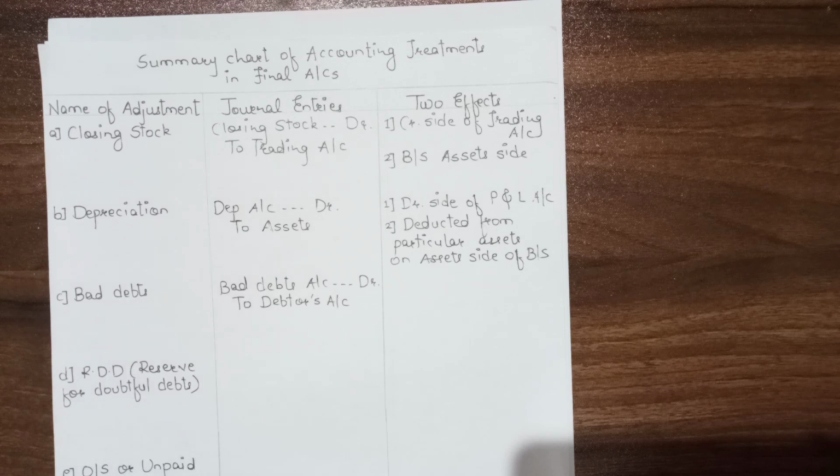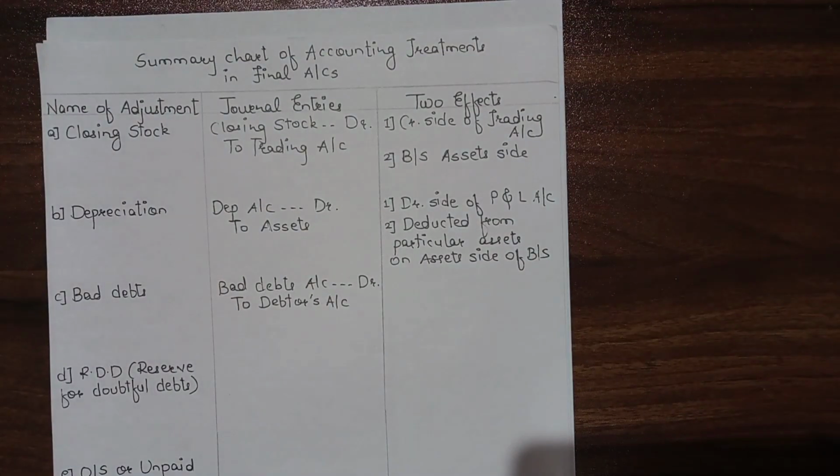Now why is it written as debtors account? Because bad debts are always deducted from sundry debtors, which is given in your asset side, which you have to post from the trial balance. So it is given as debtors account.